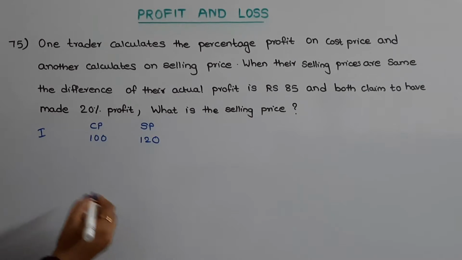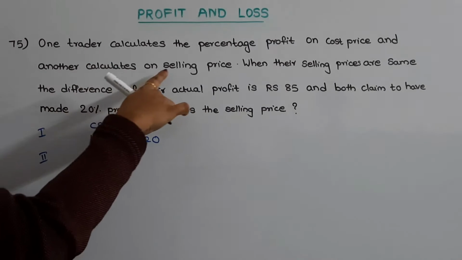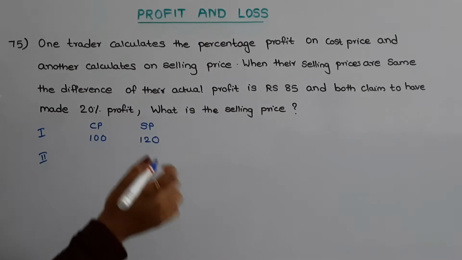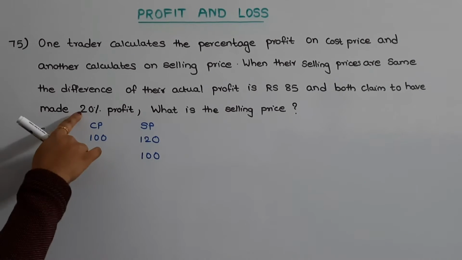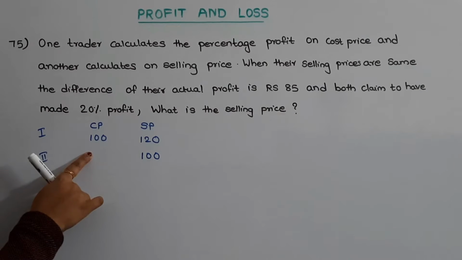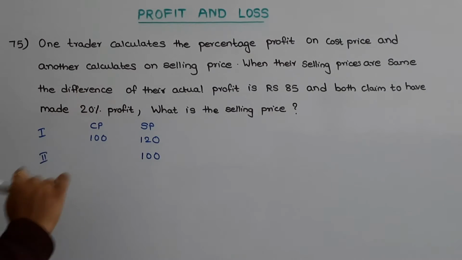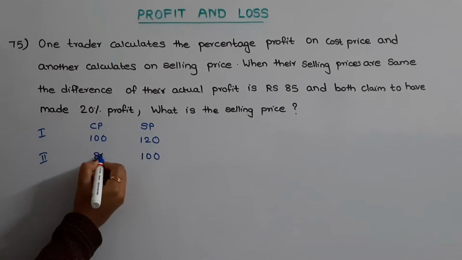Now for the second trader, he calculated profit percentage with respect to selling price. So let us consider the selling price as 100. When the profit percentage is 20, cost price will be selling price minus profit, so 100 minus 20, that is 80.